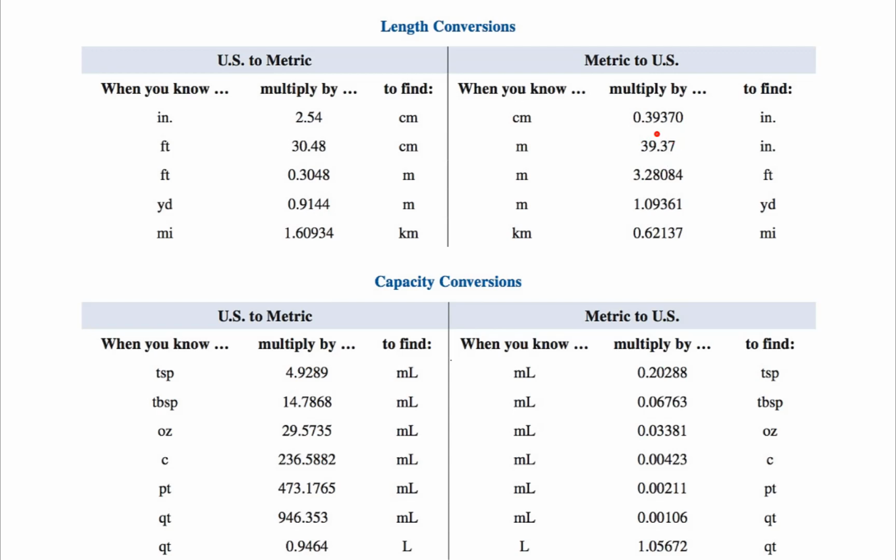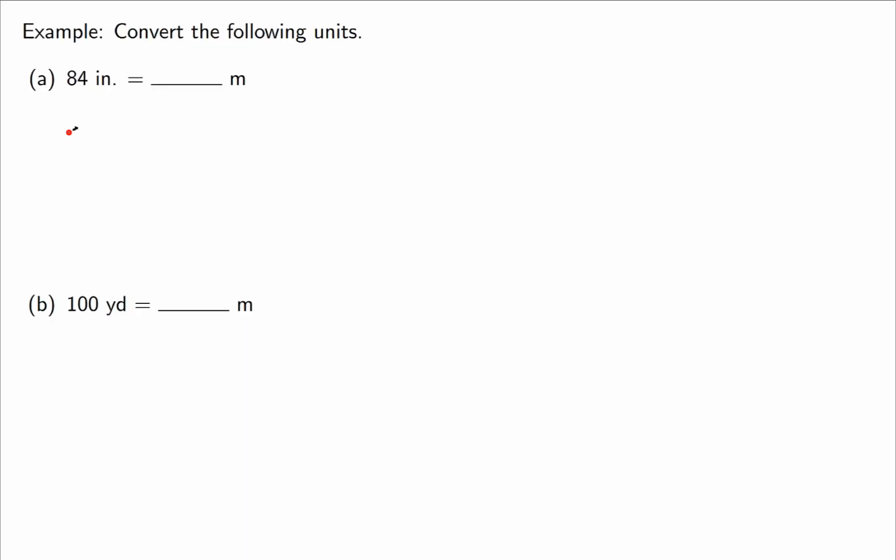I'm going to take the approach of paying attention to feet to meters, and I'm going to convert my inches to feet. So keep in mind that the 0.3048 goes from feet to meters. Now let's make our conversion. 84 inches, well, there are 12 inches in 1 foot.